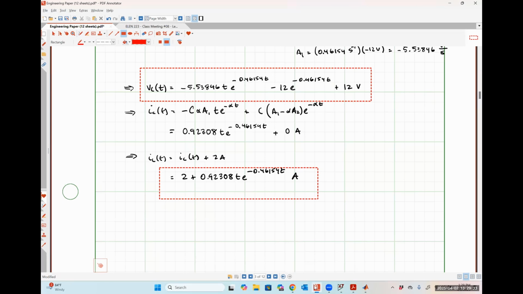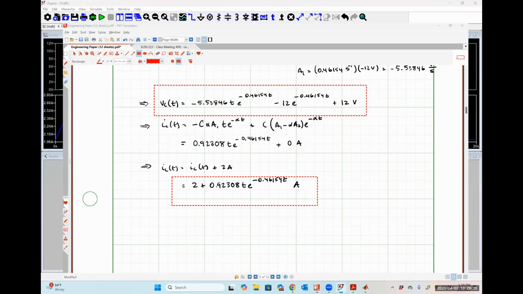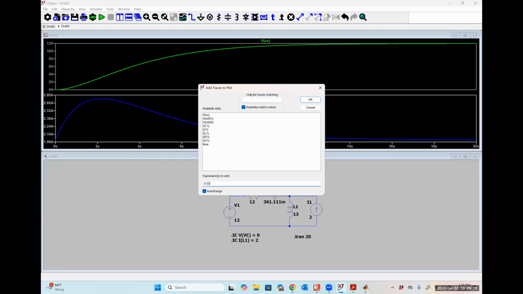So negative 5.53846 multiplied by time, multiplied by an exponential of negative alpha, which was 0.46154 times time, minus 12 times an exponential of negative 0.46154 times time plus 12.